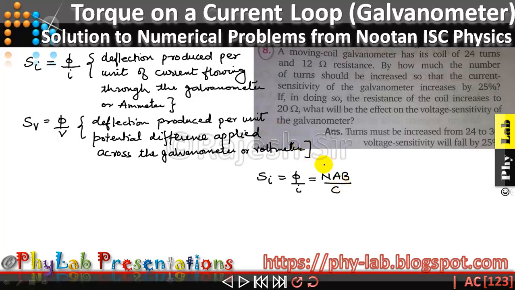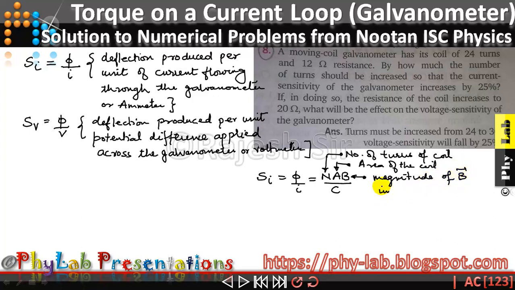Here N happens to be the number of turns of the coil of the galvanometer. A happens to be the area of the coil, and B happens to be the magnitude of the magnetic field in which the coil is placed.